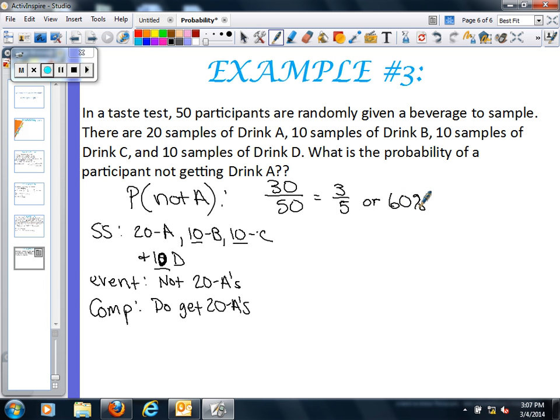Okay, so there's a 60% chance that I will not get A. There is a 40% chance then, or a 2/5 chance that I will get A.